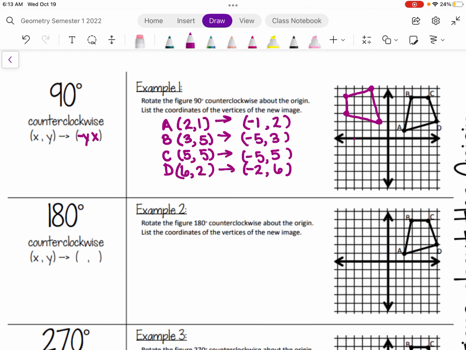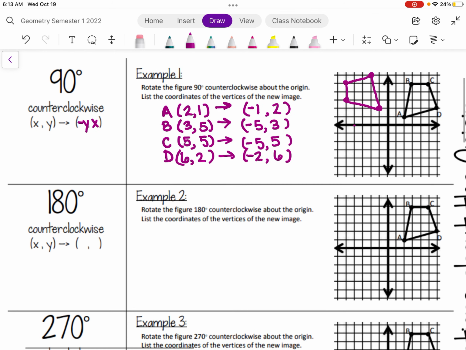All right, next one is 180. And all we do for this is negative x, negative y. Ran out of room there, not enough room. All right, so we have those same images, so I don't have to count them again, so this should go faster.